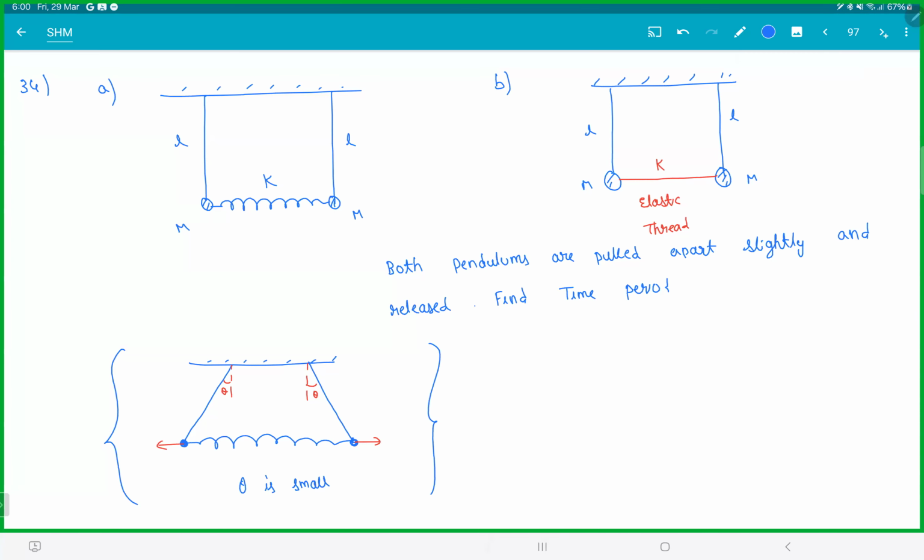Remember, the steps are always the same. Bring the system in equilibrium, displaced by theta, find the restoring force, find the restoring torque, torque is equal to I alpha. That story is always there. So this question 34, right? You can't use a standard formula.